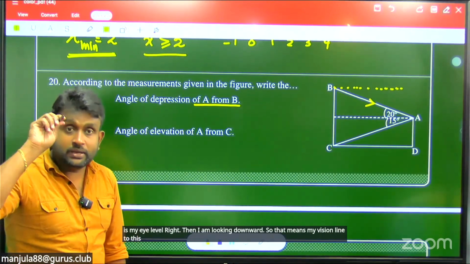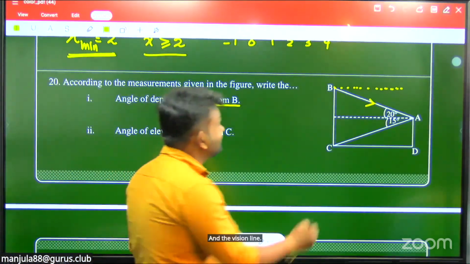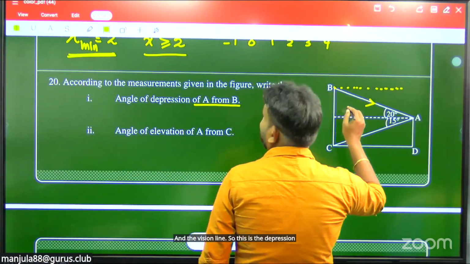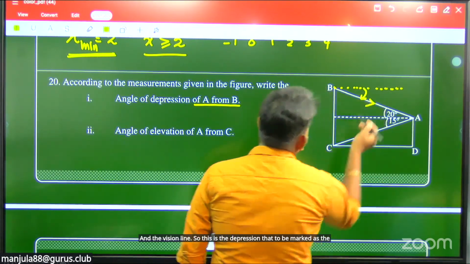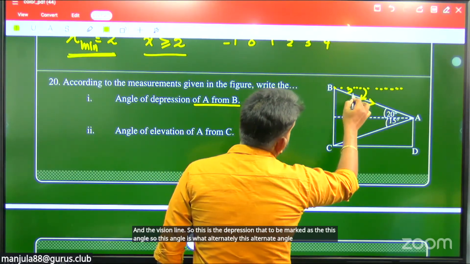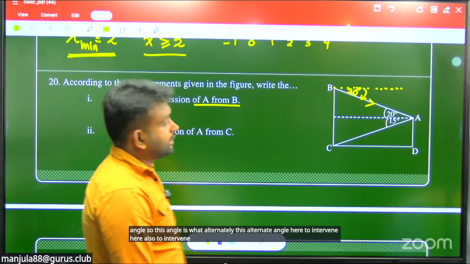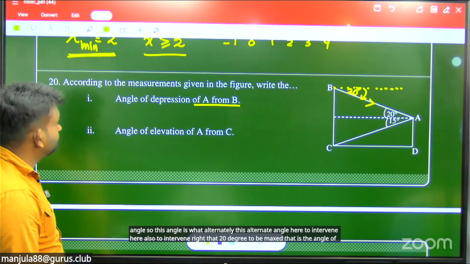The depression is the angle between the eye level and the vision line, so this is the angle to be marked. This alternate angle here is 20, so here also 20. That 20 degree is to be marked. That is the angle of depression.